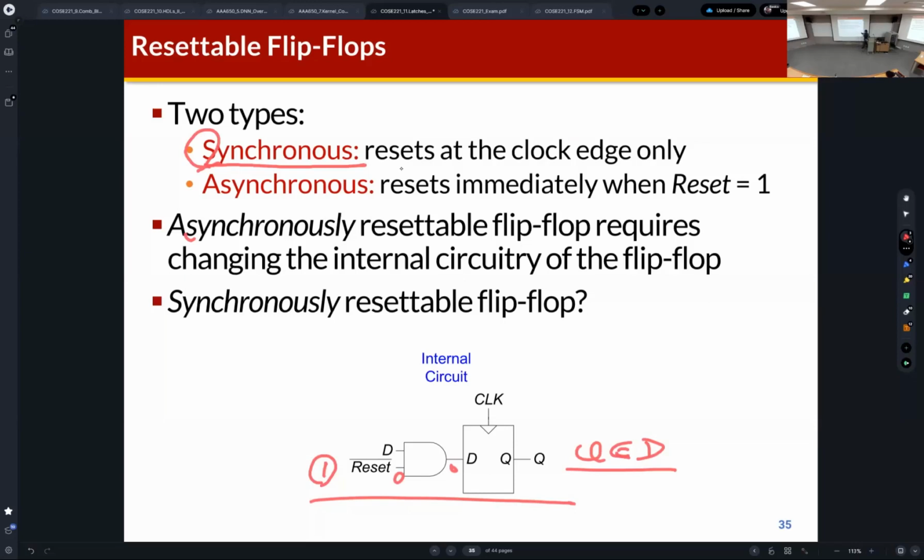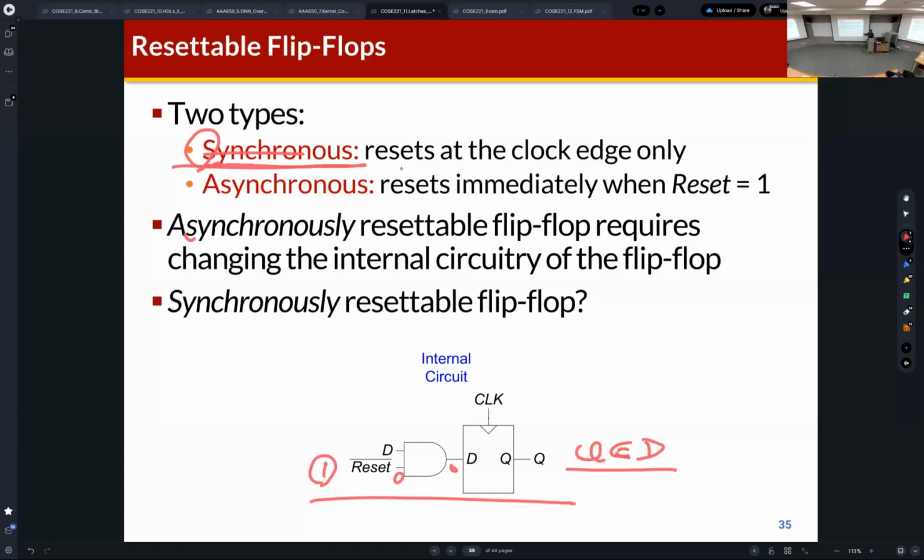So the behavior of the reset signal is also synchronized; it is reflected to Q at the rising edge of the clock. So this reset is called a synchronous reset.